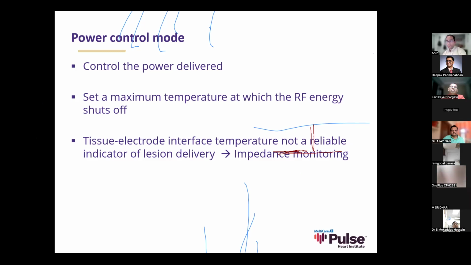In an irrigated ablation catheter, you set the power at 30 or 40 or 50 or whatever, and the RF generator will constantly give that particular power unless there is an event where the temperature becomes very high, and then it cuts it off. Tissue electrode interface temperature is not a reliable indication for lesion delivery. So then you start using other things like impedance monitoring. We'll talk about lesion monitoring, but impedance monitoring is one of the ways you can tell whether you're delivering a good lesion or not.